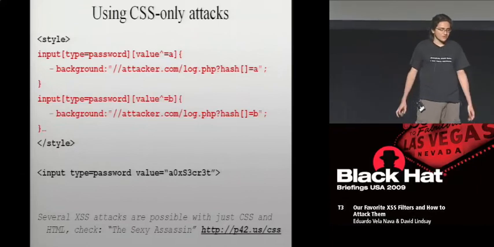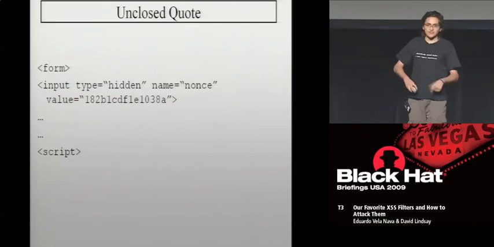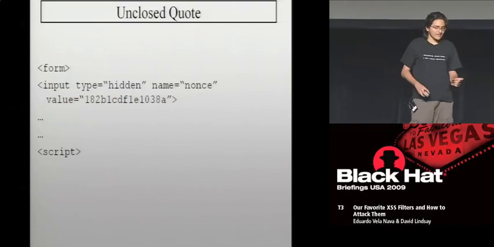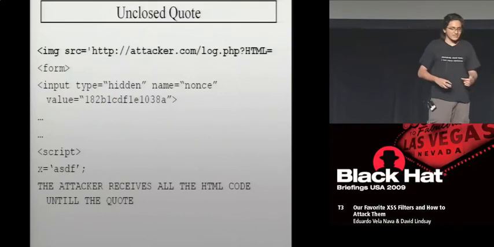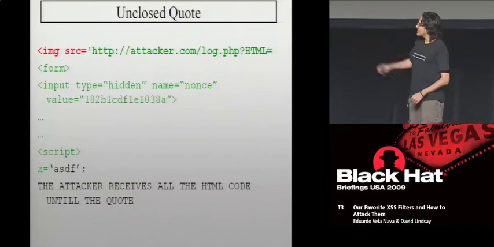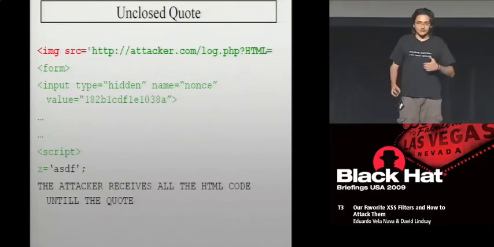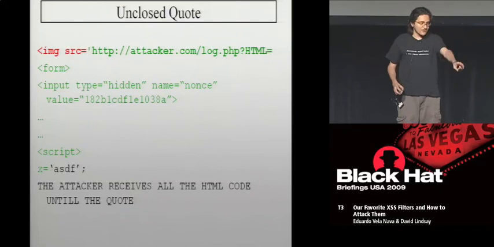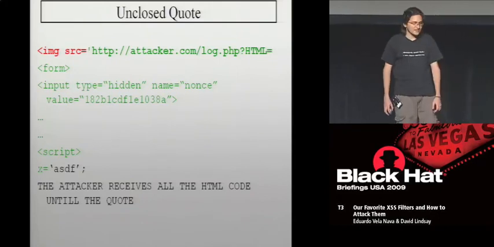When you want to read the source code of a web page and then read announs or something like that, if you have an injection point before, then you are going to receive everything until the next single quote. If this is a little more explicit, the website that is going to be sent to your site is everything in green until the next single quote. This is also not going to be detected.